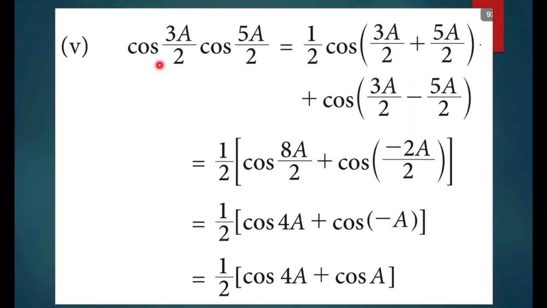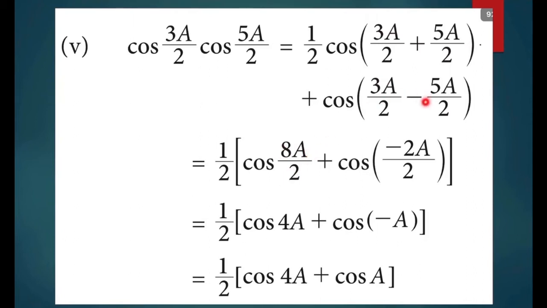Next, cos 3a by 2, cos 5a by 2. So here as well both are cos and 2 is not there. 2 is not here means in the answer you have to write 1 by 2. Okay. So 1 by 2 into cos 3a by 2 plus 5a by 2, similarly 3a by 2 minus 5a by 2. When you add the two, you get 8a by 2.